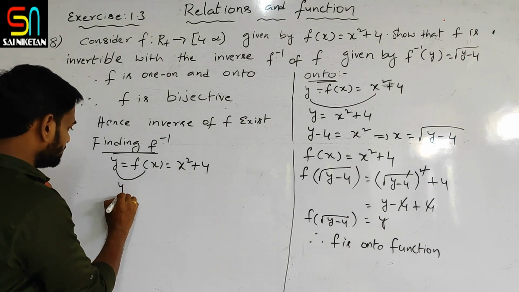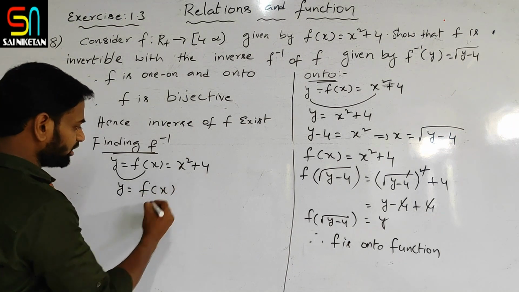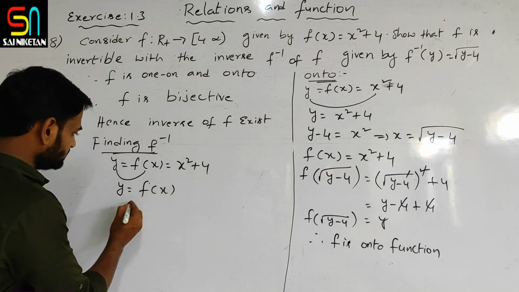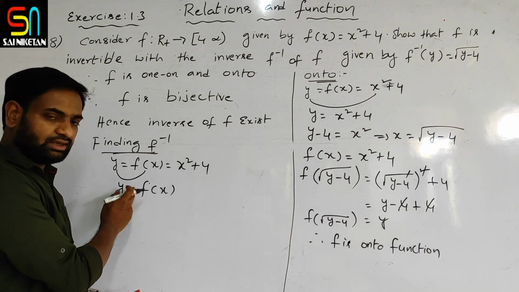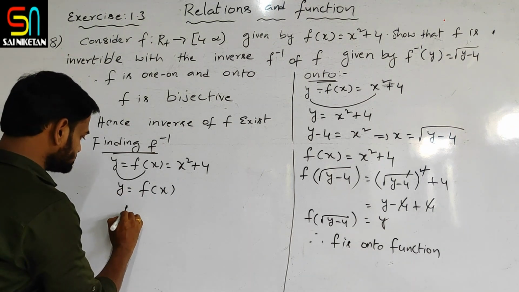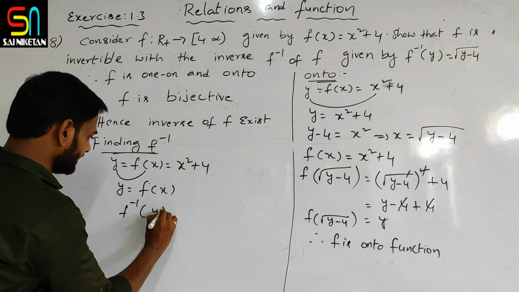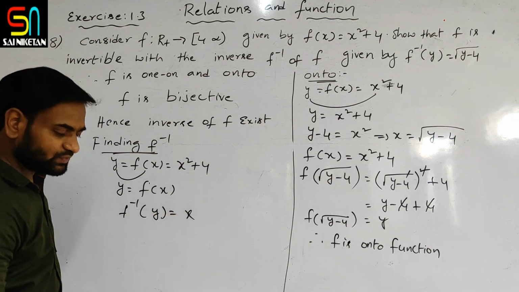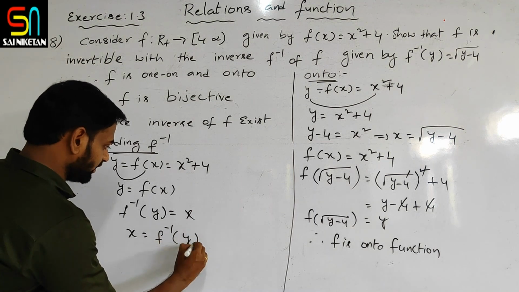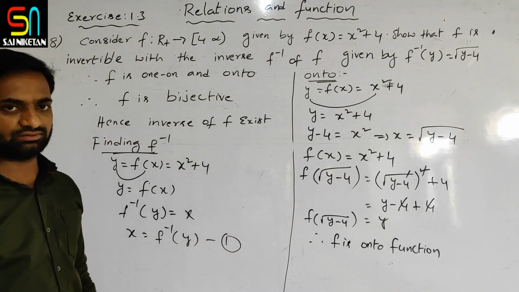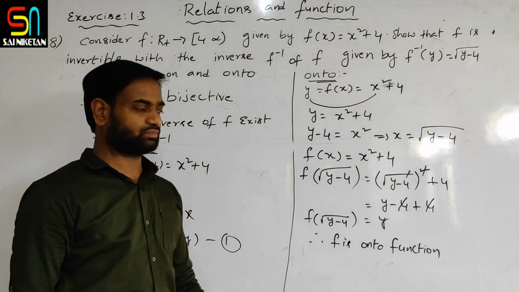That is y equal to f of x. From this one, send f to this side, then it will be f inverse. That is f inverse of y is equal to x. From this one, x equal to f inverse of y. So it is equation 1 or expression 1.